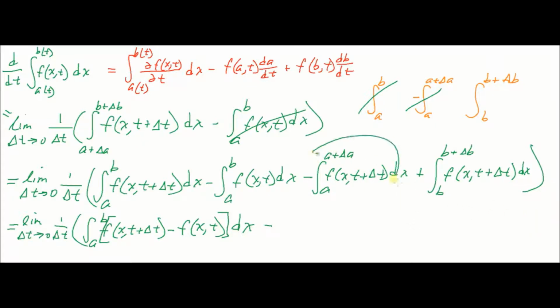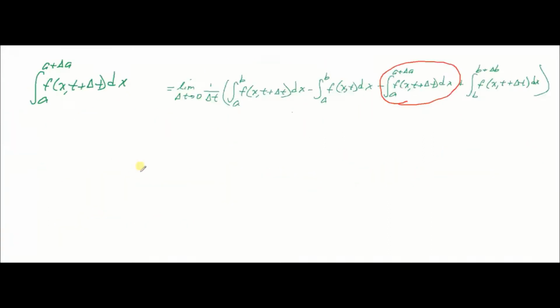With this and this, we are going to use two things to turn them into something else equivalent. We're going to use the mean value theorem for integrals and the second fundamental theorem of calculus. So let me get rid of all of this. We'll come back to it later.